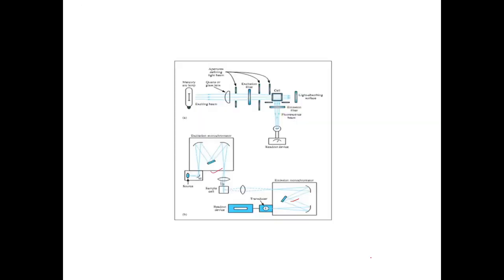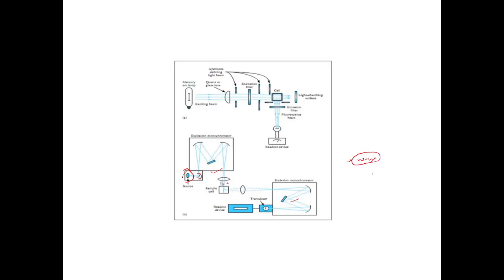This is your device. Basically, we first take a source, then we have the monochromator to give a single wavelength, where we excite. That single wavelength will fall on the sample.